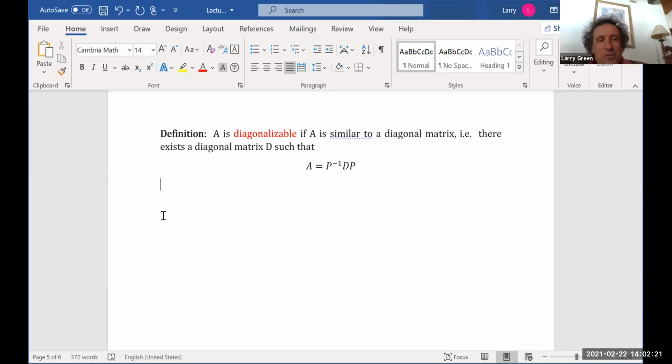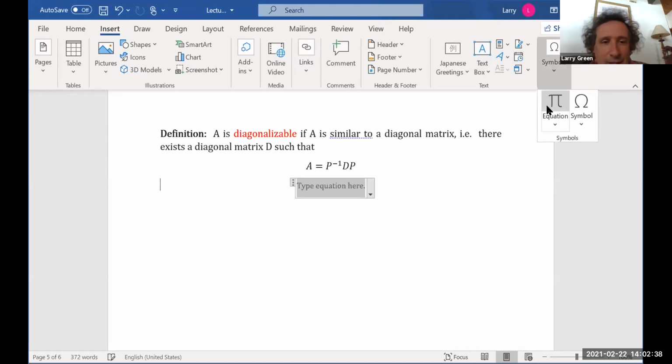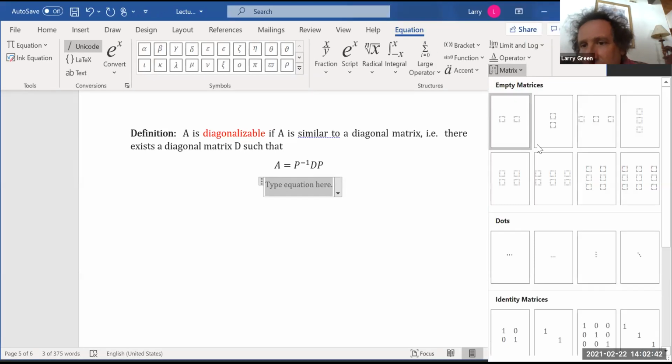Let me do one just to show you, and this is going to come out later this week, but I want to do one just for fun. What if we have the following? Takes a bit to type, but it's worth it because it's so important.